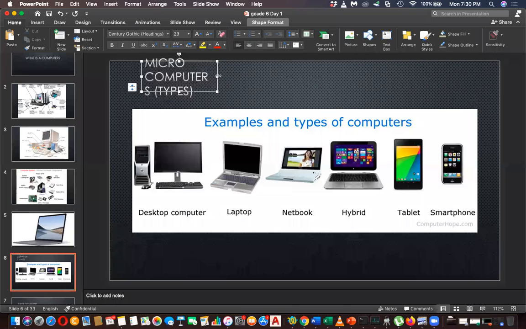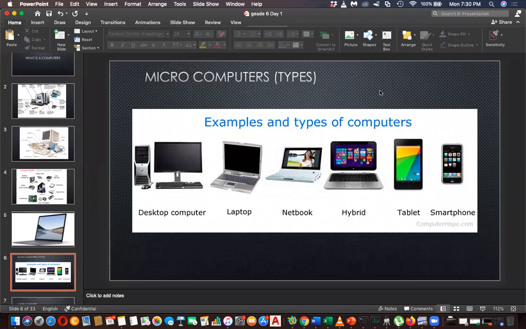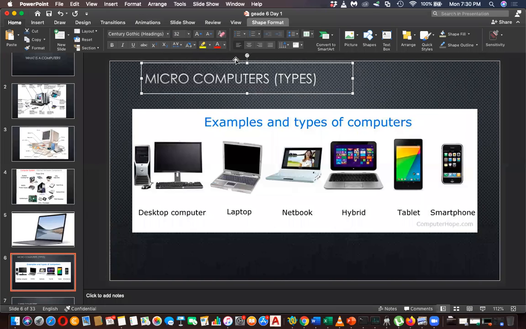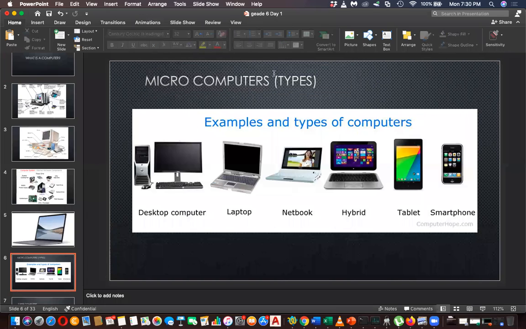But in the computer world, there are bigger computers which can do more tasks, not like these microcomputers. My computer is a microcomputer. Your computer is also a microcomputer. And your mobile phone is a microcomputer. But we have bigger computers than this.